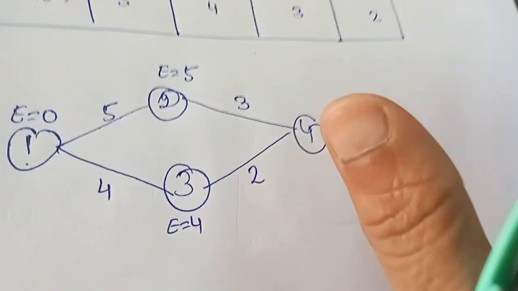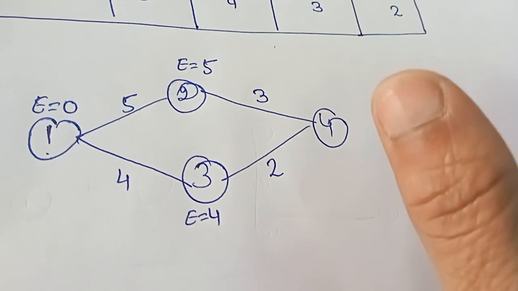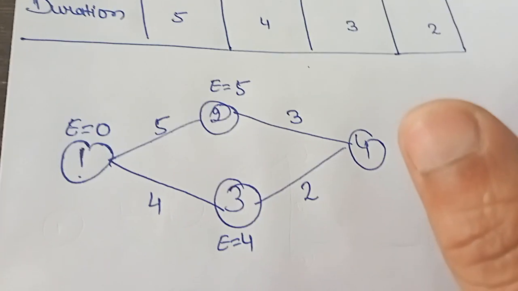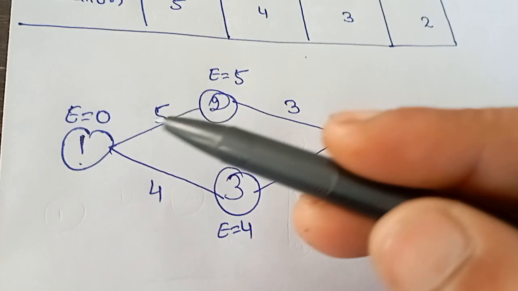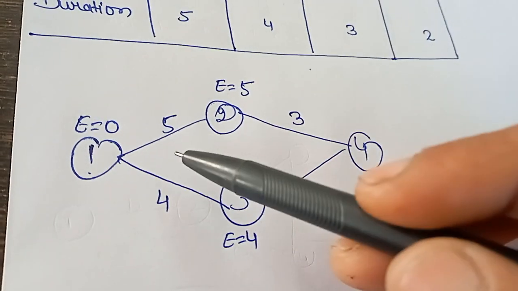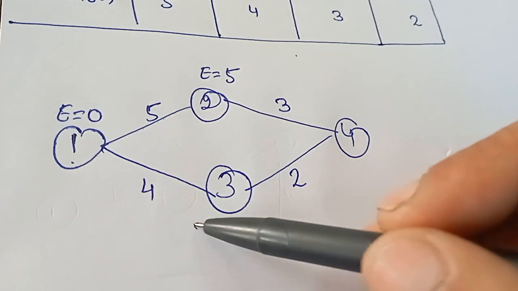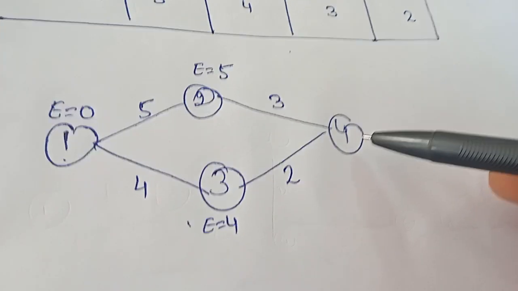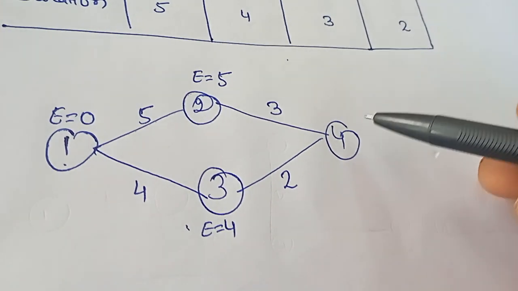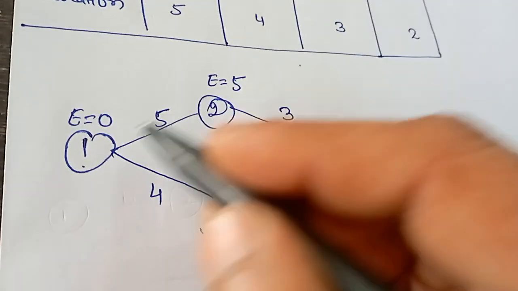When we are forward looking, we consider the maximum time. If we select this route, 5 plus 3 equal to 8, 4 plus 2 equal to 6. The maximum timing is 8, that's why we select this route.